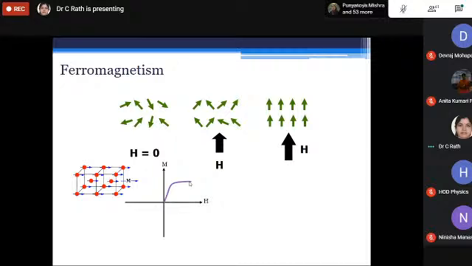And when you reduce the field, it doesn't come back along the same path, and rather it gives a remnant magnetization. And to remove this magnetization, you apply a negative field, and you get this Hc, the coercive field. So this Hc and Mr, this Mr is the representation of this ferromagnetic material.